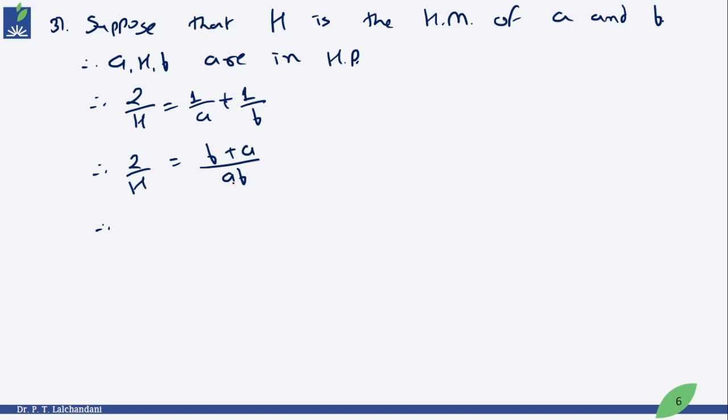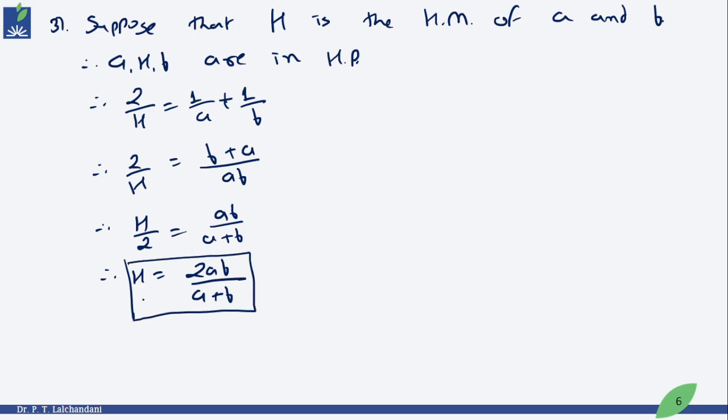Now this is 2 upon H is equal to B plus A divided by AB. So H upon 2 will be AB upon A plus B. Right? So therefore H upon 2 is equal to AB upon A plus B. Again multiplying both the terms with 2, we will get H is equal to 2AB divided by A plus B. So this remark gives us the formula to find out the harmonic mean between two numbers A and B. Okay.